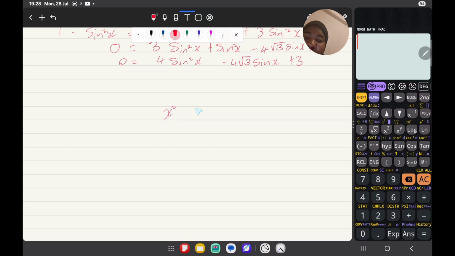When you have x squared minus 2, someone would think that that is not a difference of two squares. In a way, it kind of looks like it's not, right? But you can make it look like it is a difference of two squares.